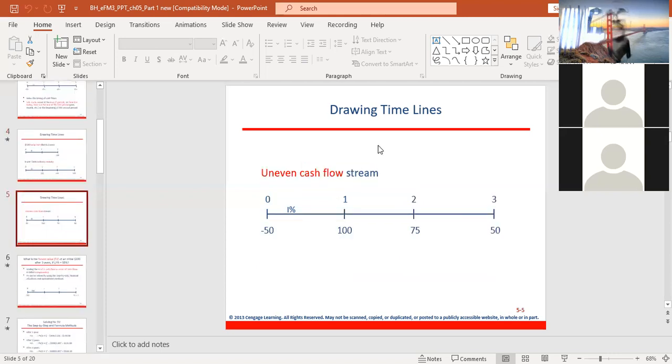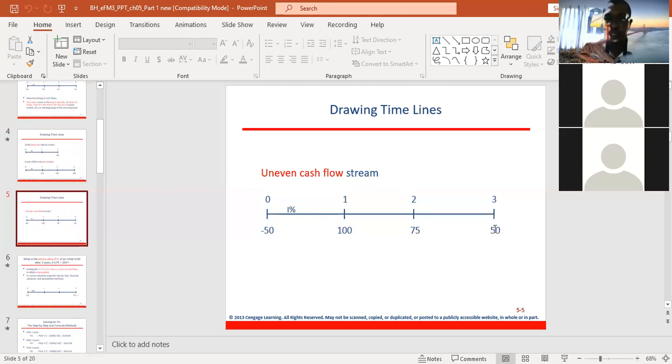Now, this is the third type of cash flow. If you look at it, you can see that it is different because the cash flow is different every year. At the end of year 1, the cash flow is 100. At the end of year 2, the cash flow is 75. At the end of year 3, the cash flow is 50. So the cash flow is not even.